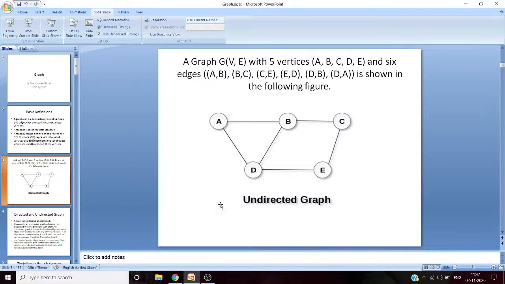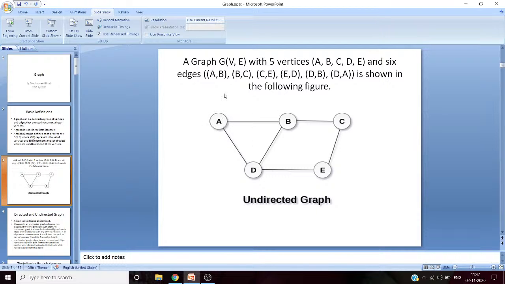A, B, C, D, E are the vertices and A-D, A-B are the edges, and this is an undirected graph. Why is it undirected? See, there is no particular direction. We can use one edge for both directions for any pair of two vertices. We can go from A to B and B to A. We can use this same path as well.